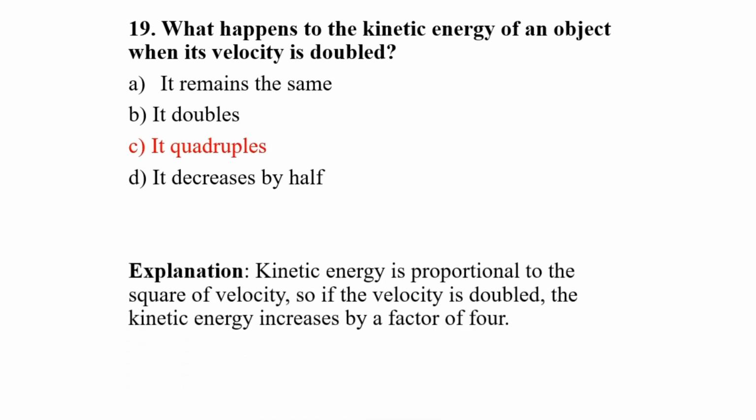The answer is it quadruples, because kinetic energy is proportional to the square of velocity. So if the velocity is doubled, the kinetic energy increases by a factor of 4.